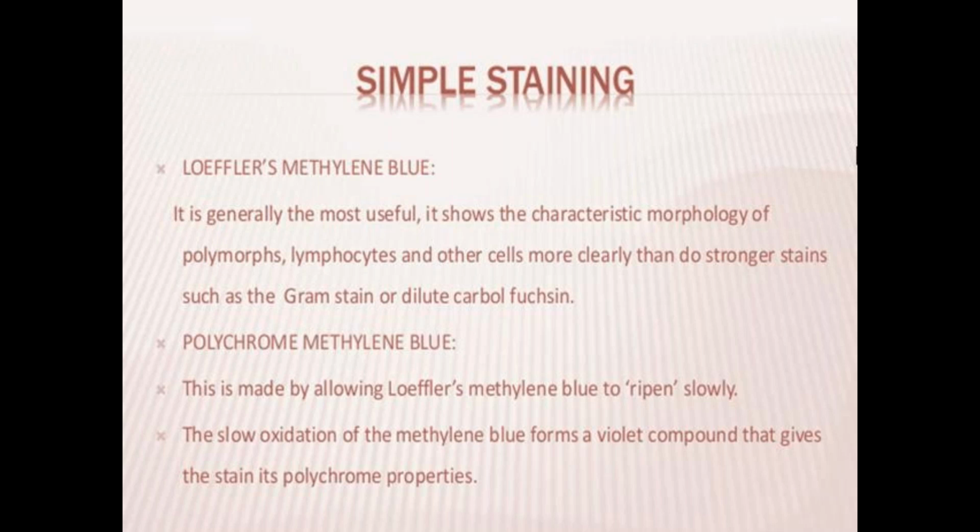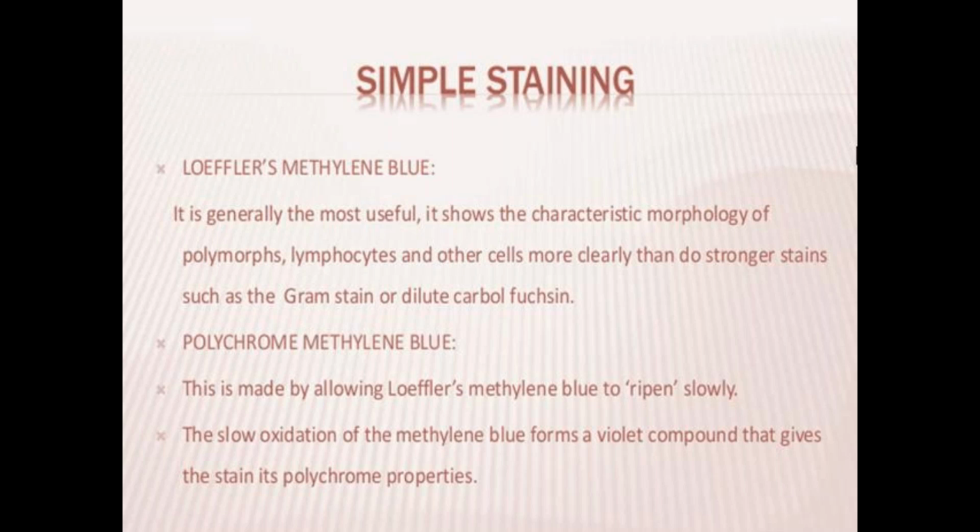Polymorphs, lymphocytic cells, and other cells are clearly visible by using simple stains. The simple stains may be crystal violet, safranin, carbol fuchsin, or any other type of stain. Okay, and next, polychrome methylene blue.